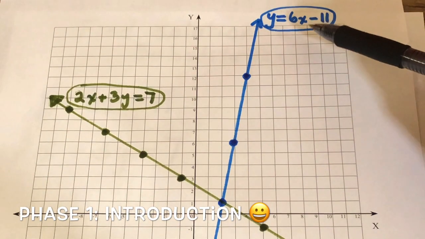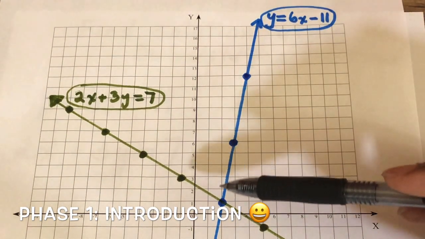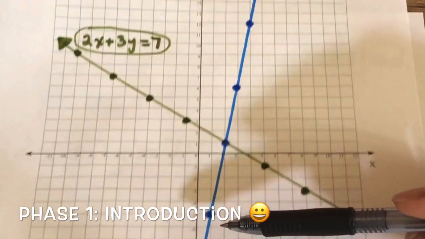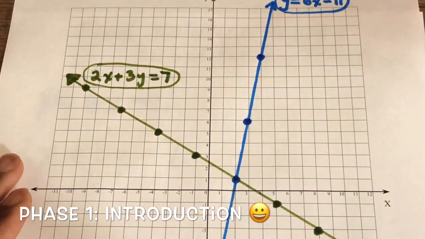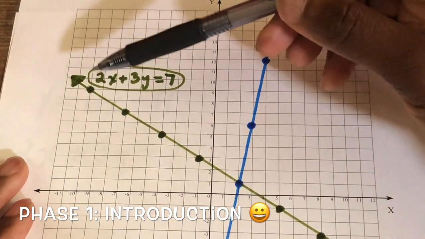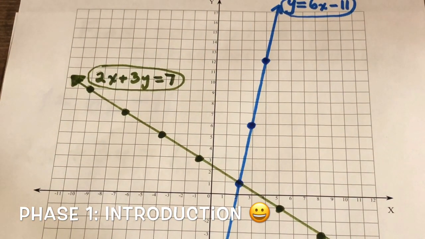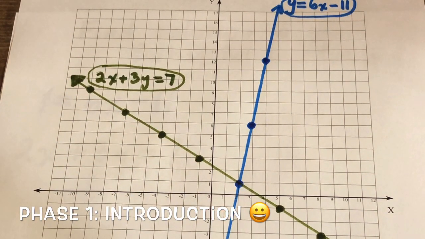When you have y is equal to 6x minus 11, this is the line that it's going to make. If you take the second one, which is 2x plus 3y is equal to 7, this is what the line will look like when graphed. Again, if you plug in values for x and y and plot the points, this is the line that will come out of it.